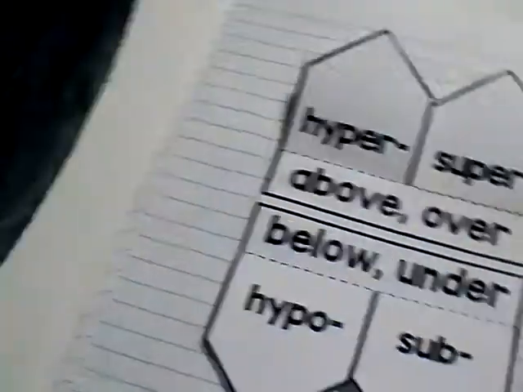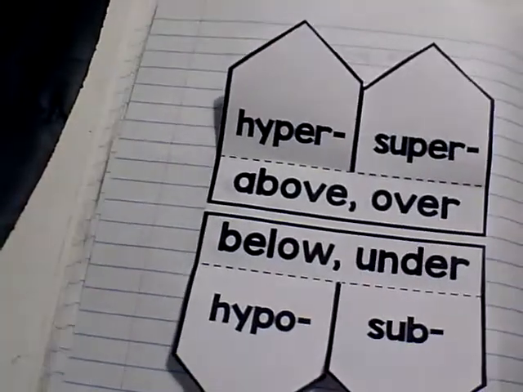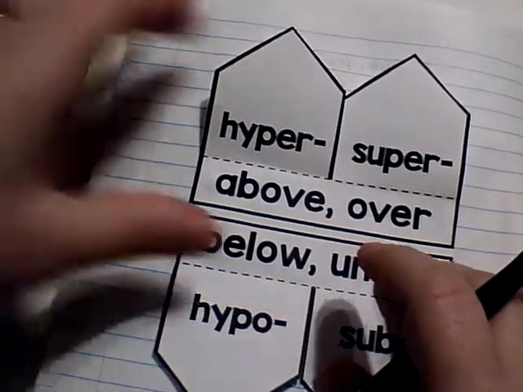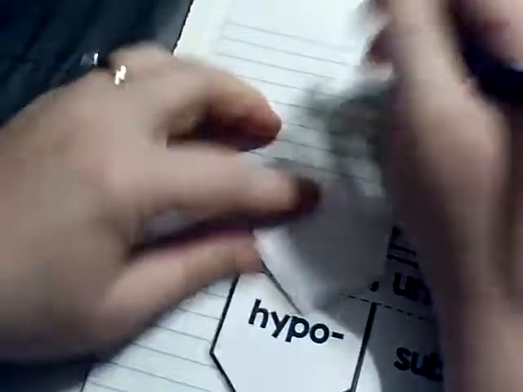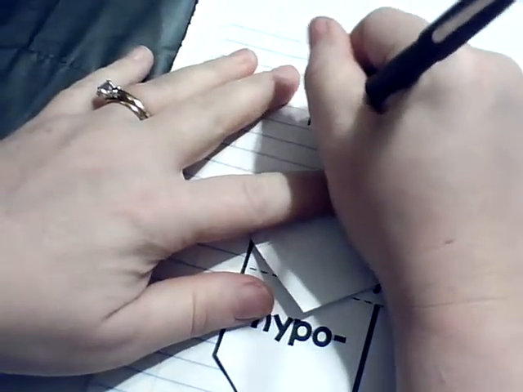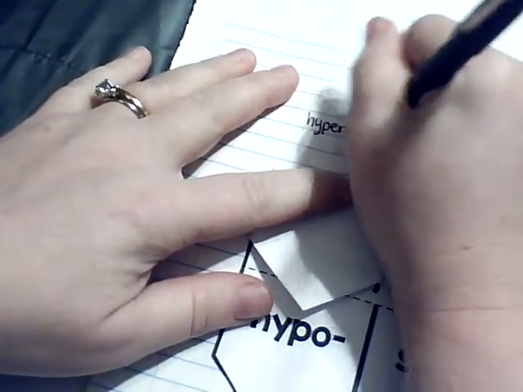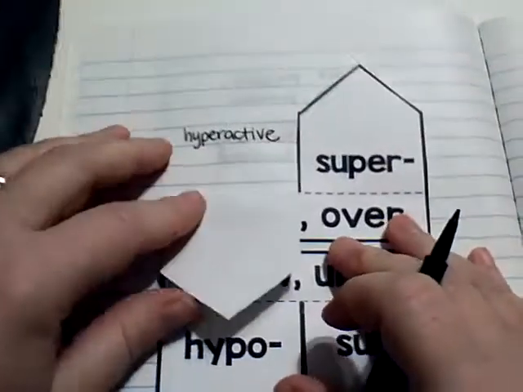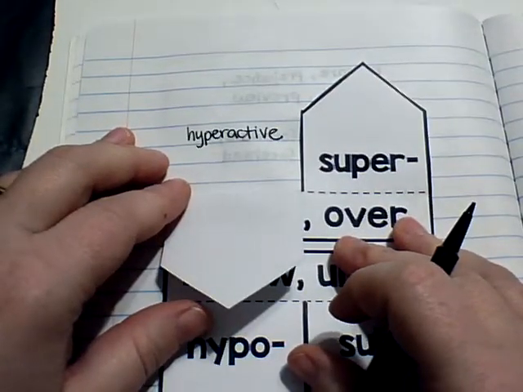Alright, so things that are above or over something. So we've got hyper. So we've got the word hyperactive. So that means over the normal amount of activeness that people have. That means like you're just almost crazy with excitement and you're very, very busy with what you're doing.